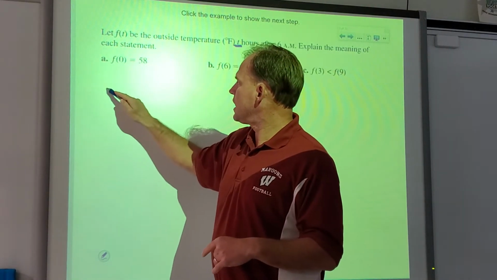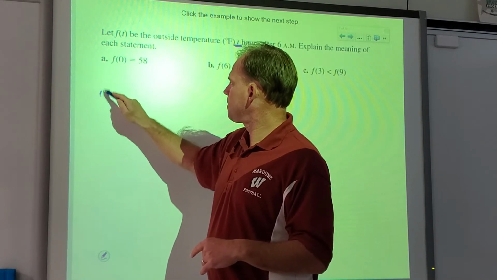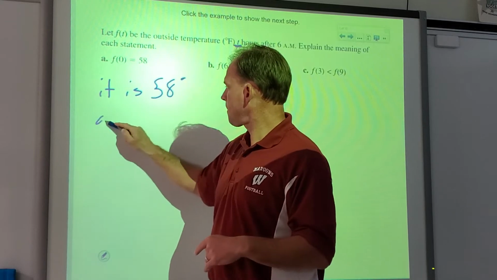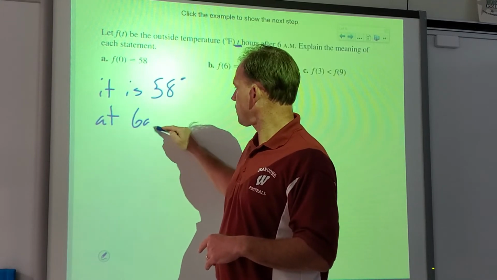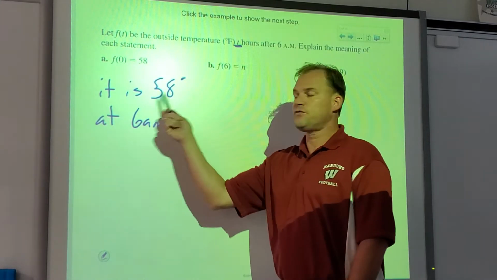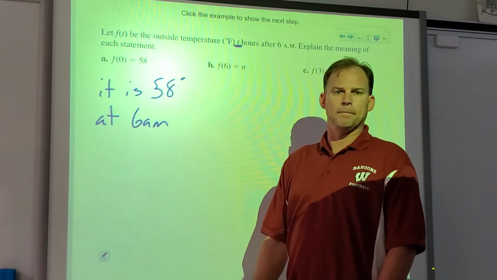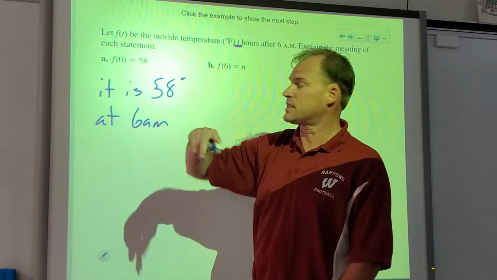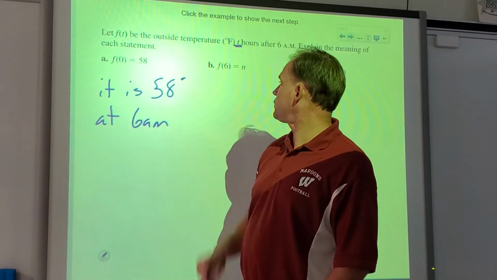So this means right here, it is 58 degrees at 6 a.m. So that's what this statement here means, because this is 0 hours after 6 a.m., which is 6 a.m. The temperature is 58.